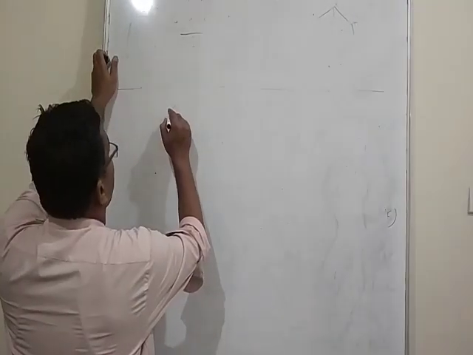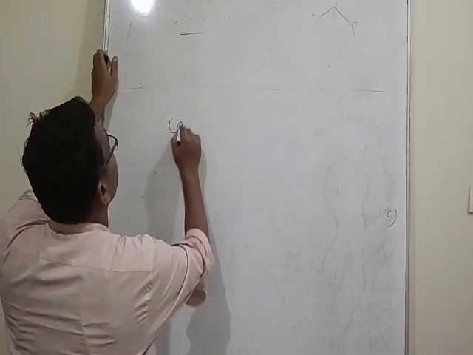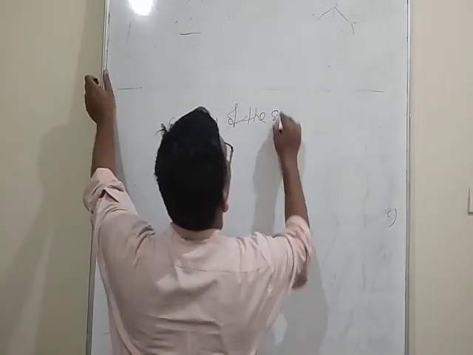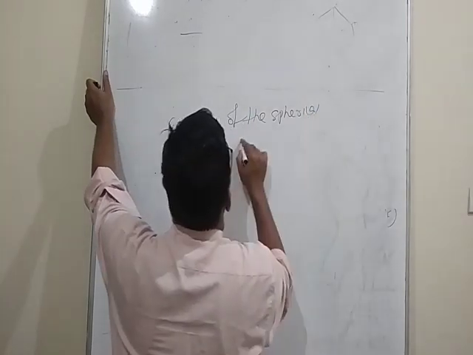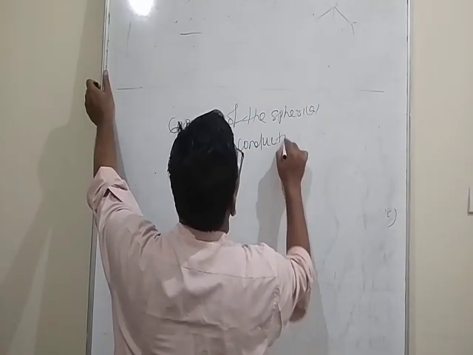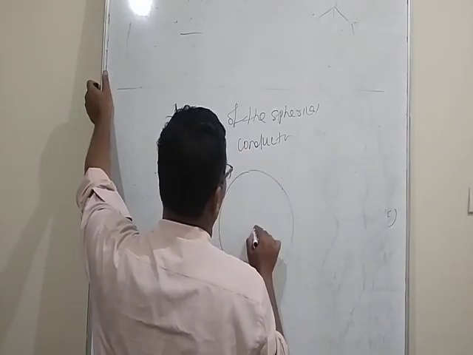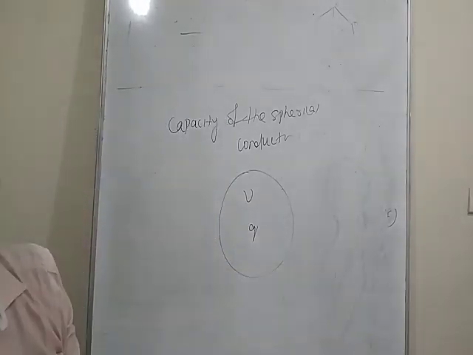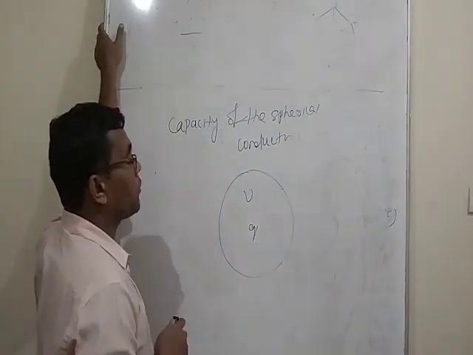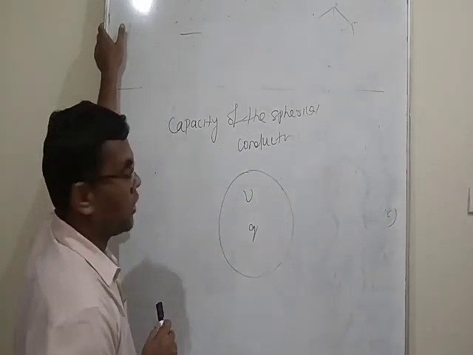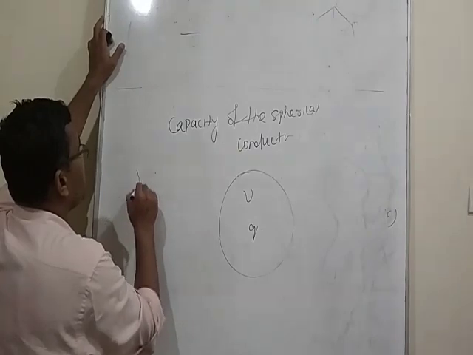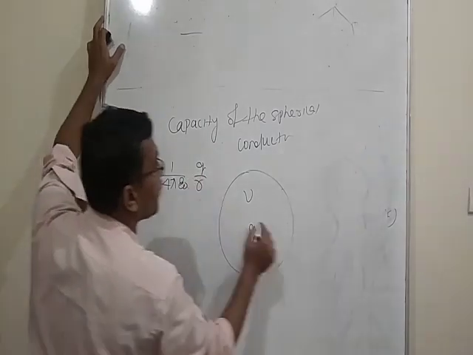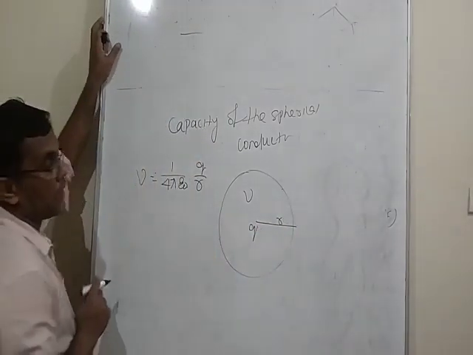Now come to the capacity of a spherical conductor. Let Q be the charge of the conductor and V be the potential of the conductor. So the potential of the conductor V is equal to 1 by 4 pi epsilon 0 Q by R, where R is the radius of the spherical conductor.